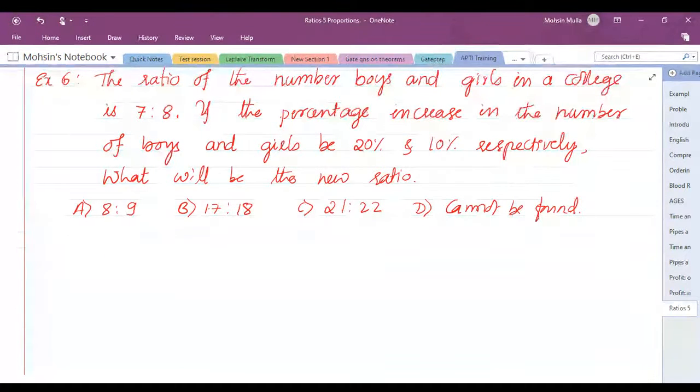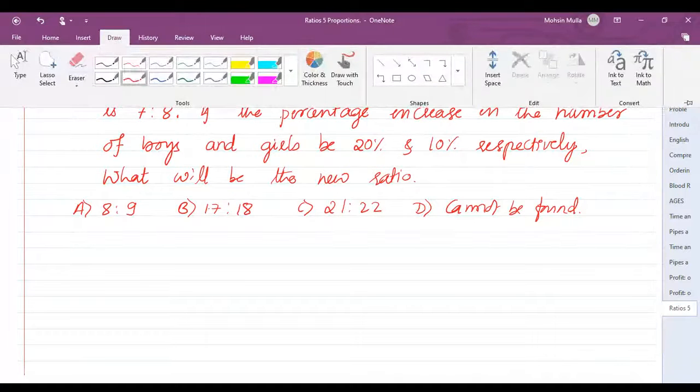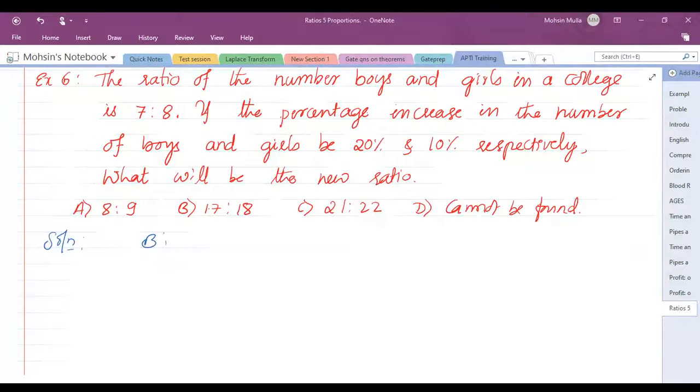Suppose the earlier ratio corresponded to a common quantity x. Then the number of boys would be equal to 7x. So boys to girls is given as 7:8.